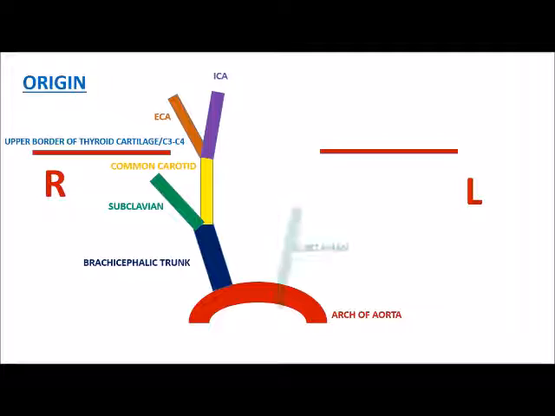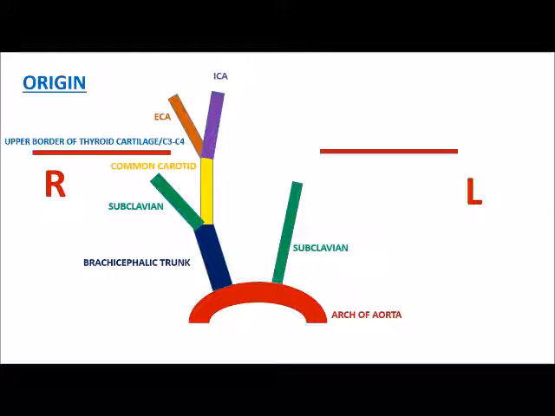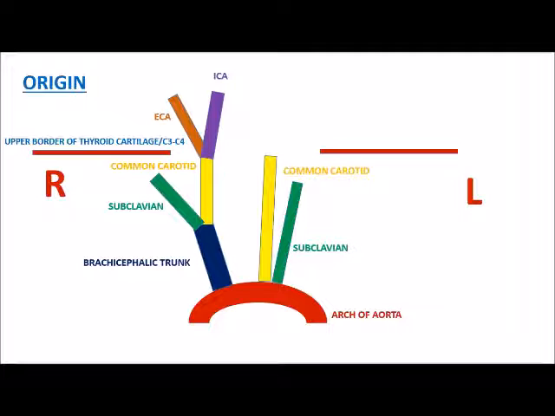On left side, arch of aorta directly gives rise to left subclavian and left common carotid arteries. The left common carotid divides at the same level into external carotid and internal carotid arteries.